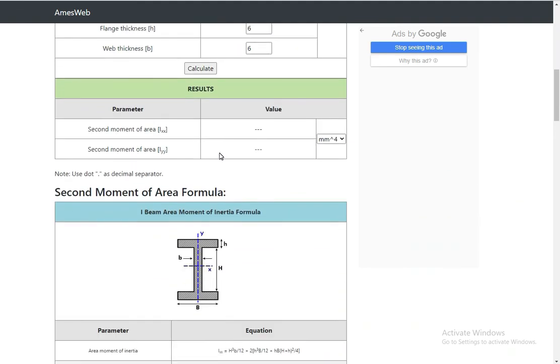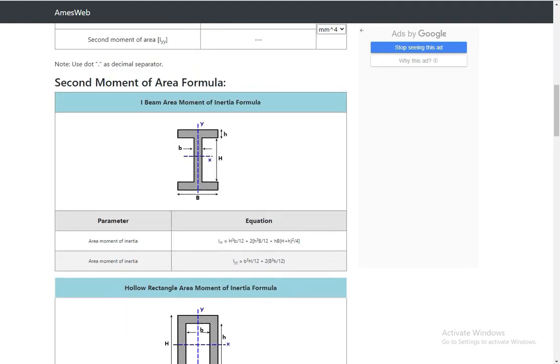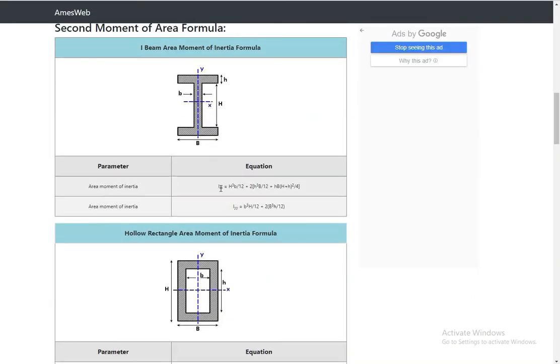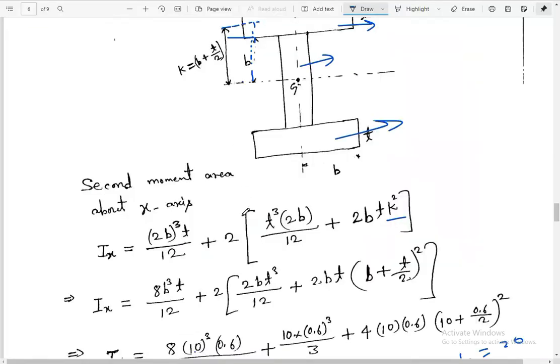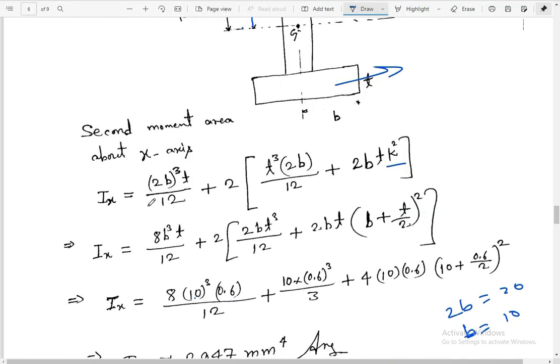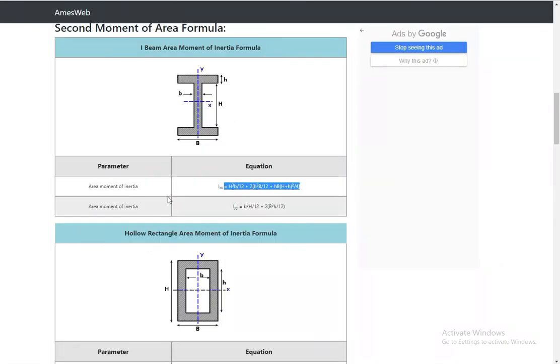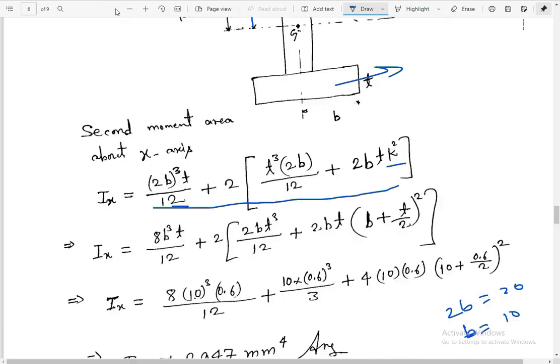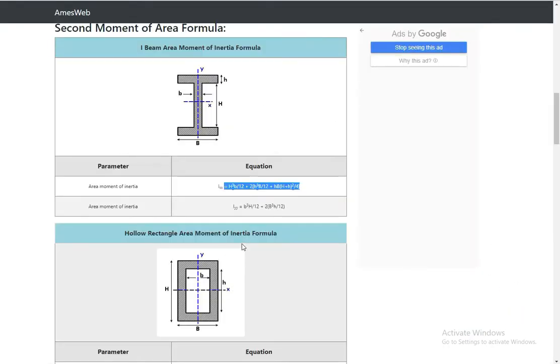For this I section we have the formula Ix equal to this formula, and this formula is same as this one. It is given for Ixx, the horizontal axis passing through the centroid. If it would ask for vertical axis, we should apply this formula Iyy.